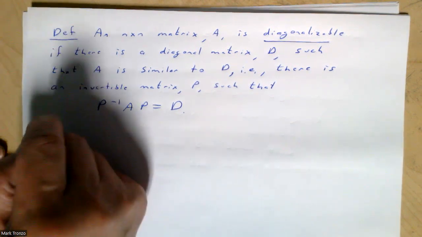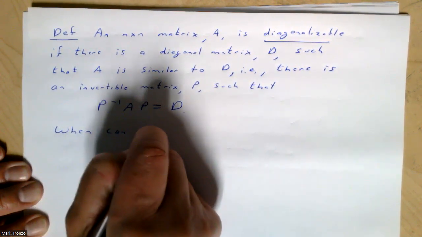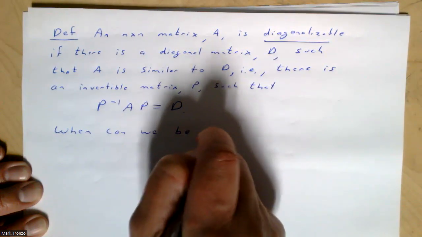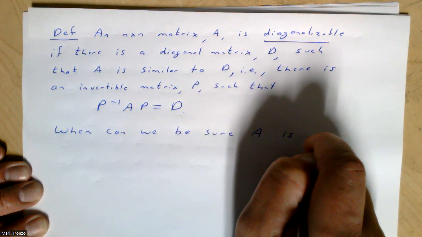Now, the question is, when can we be sure A is diagonalizable?